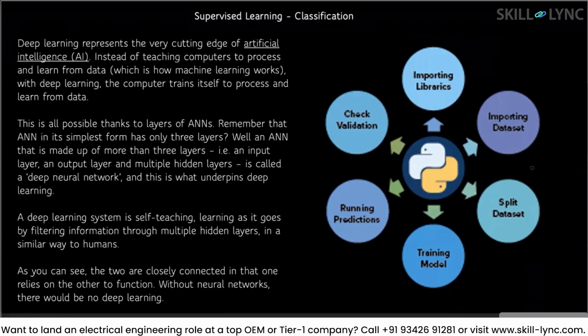Okay, you should always do exploratory data analysis. Don't forget to do that. Okay, but then deep learning will be really helpful because your computer trains itself to process and learn from data. Okay, so deep learning is a very highly advanced machine learning model which we'll be learning in the coming course.